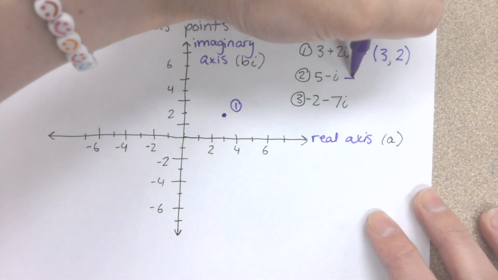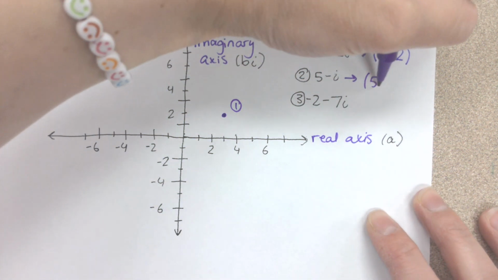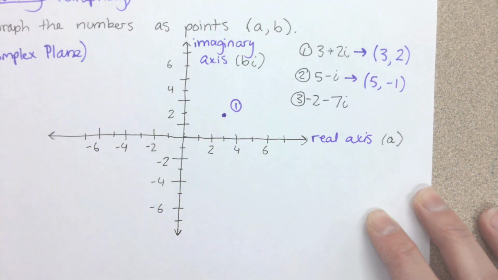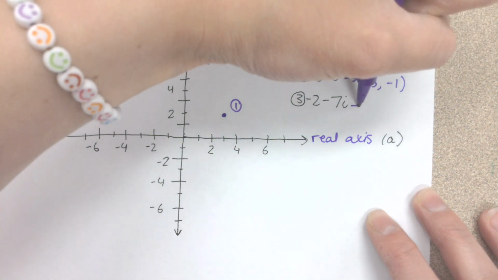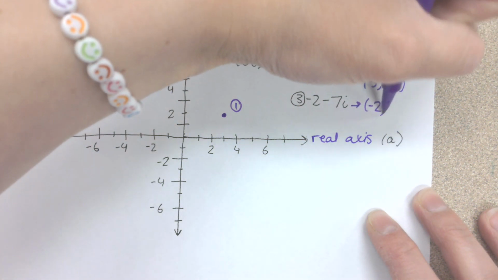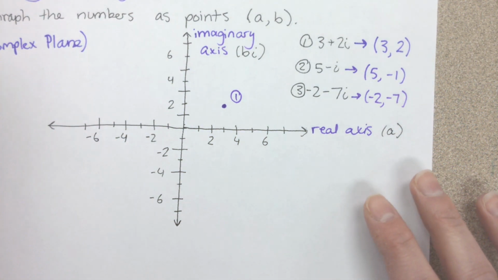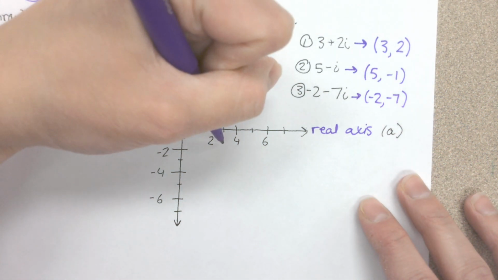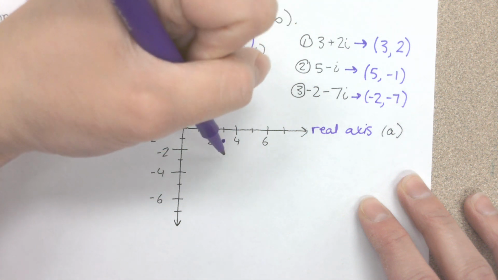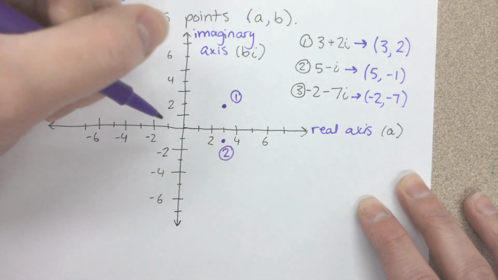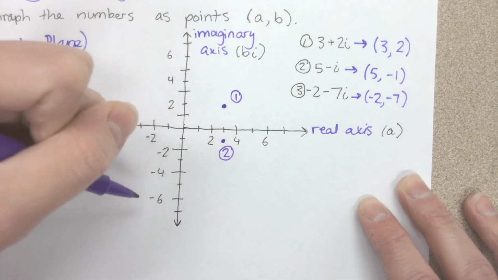Then the other 2. We have 5, negative 1. There's a negative 1 in front of that i. And our other point is negative 2, negative 7. And I'll plot both of those. So we have 5, negative 1. And then we have negative 2, negative 7.